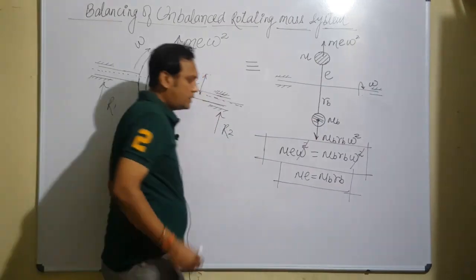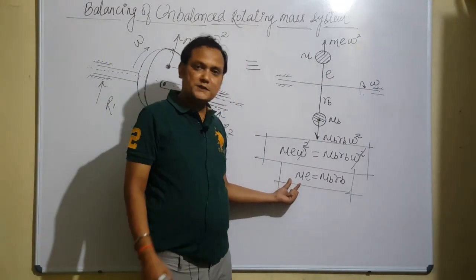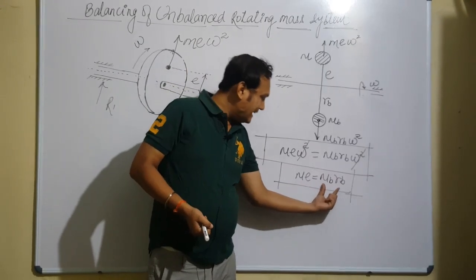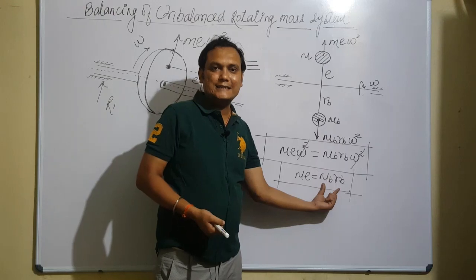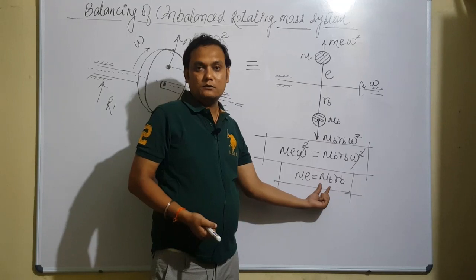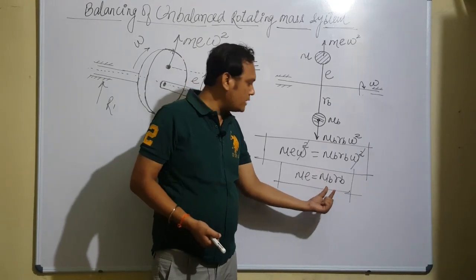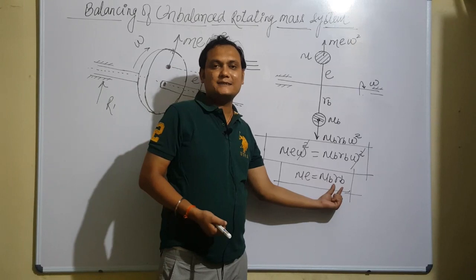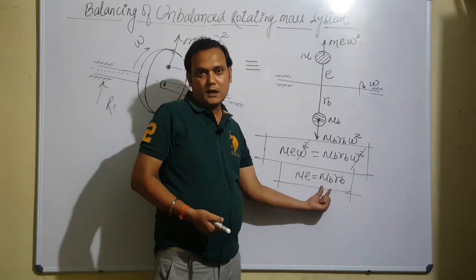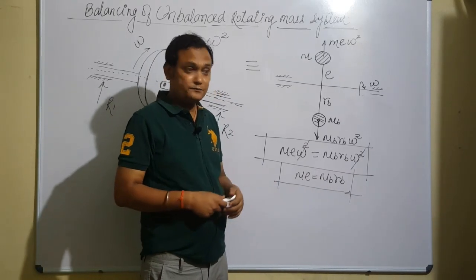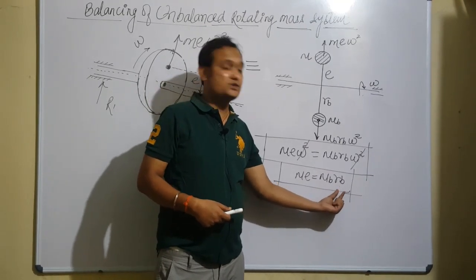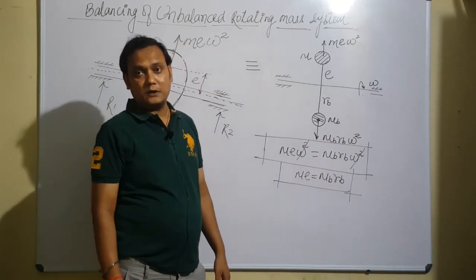Now to solve this, if we know the unbalanced rotating mass and its eccentricity from the axis of rotation, then out of these two, as a design engineer, we will choose one and decide the other one. If we know at what distance we can place the balancing mass, then how much balancing mass we need to place we can calculate. And if the constraint is that this much inertia only you can add, then where I need to add that balancing mass, the rb distance, that we can calculate.